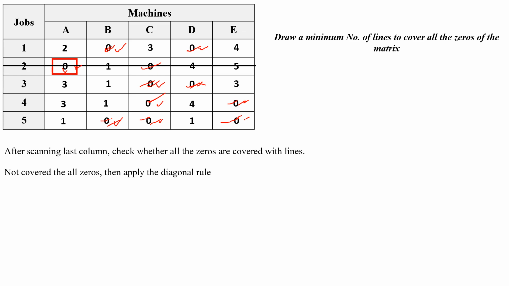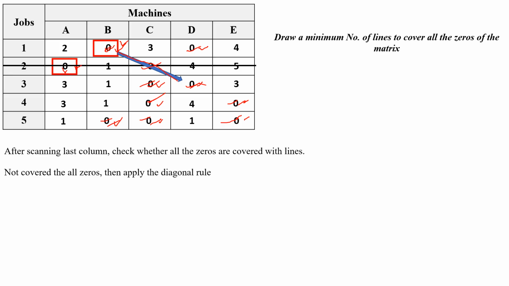In the diagonal rule, select the zero that diagonally has another zero in the opposite row or column. So first I have to go for the row scanning. In the row scanning, I select this zero which has another zero in the diagonal position in the opposite row.